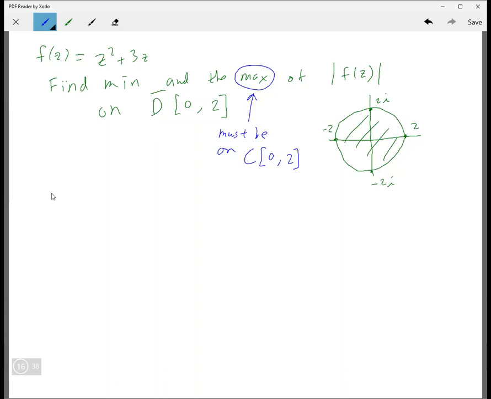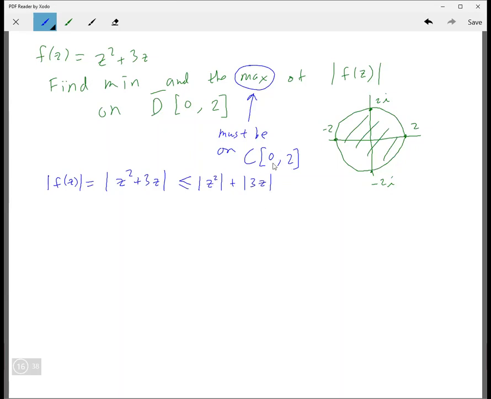What's the modulus? Well, let me give you a hint, okay? By the triangle inequality, this is less than or equal to the modulus of z squared plus the modulus of 3z, right?